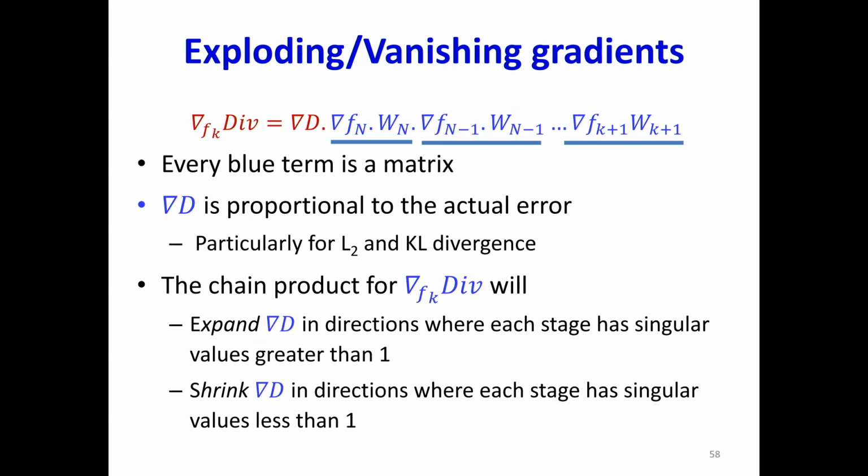As you keep multiplying this derivative, nabla D, with this term, as you go deeper and deeper backwards into the network, this derivative is going to elongate in a small number of directions corresponding to singular values greater than 1, and it's going to shrink in every other direction. But the bad thing is that the directions along which the singular values for the first block are greater than 1 are not necessarily the same directions for the second block. So eventually, almost all of them will shrink.